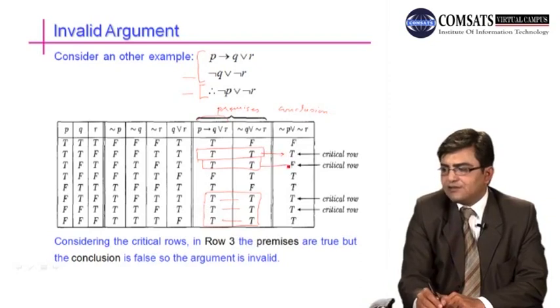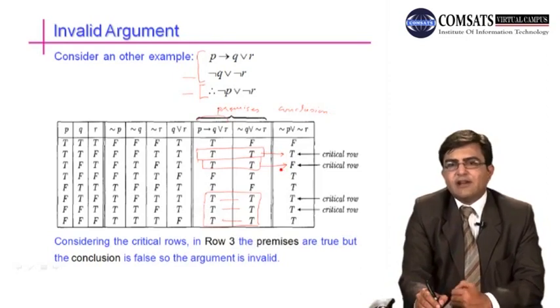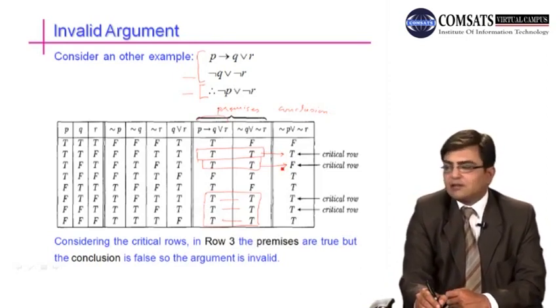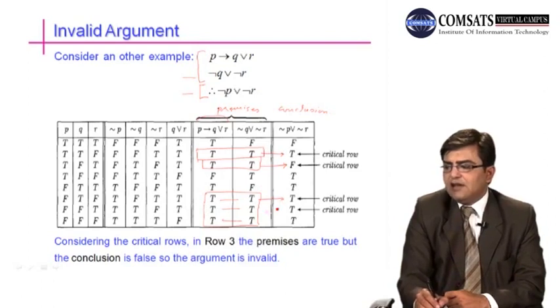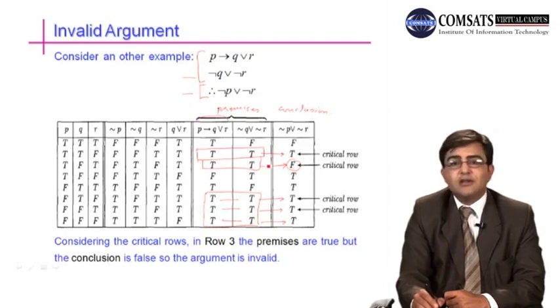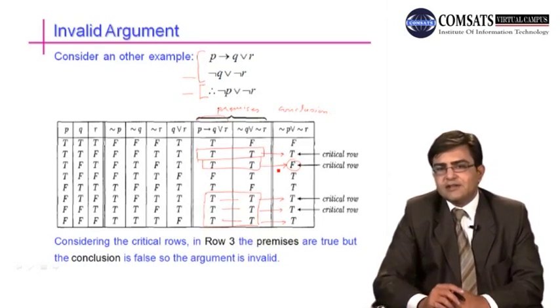Here it is true, here it is false. Now if at least one truth value in the conclusion corresponding to a critical row is false, we say that this argument is invalid. No matter if the other critical rows have all truth values true, we need only one false truth value in the conclusion corresponding to a critical row, then we say that this argument is an invalid argument.